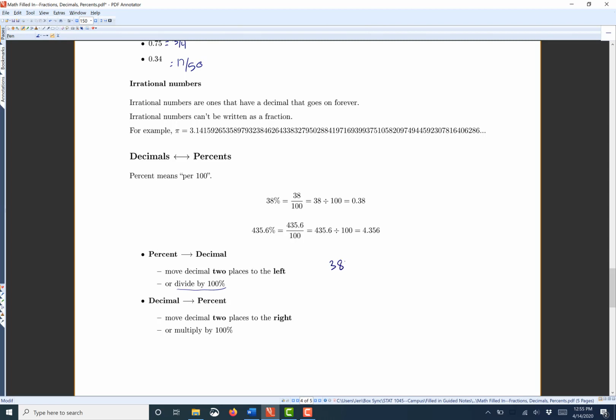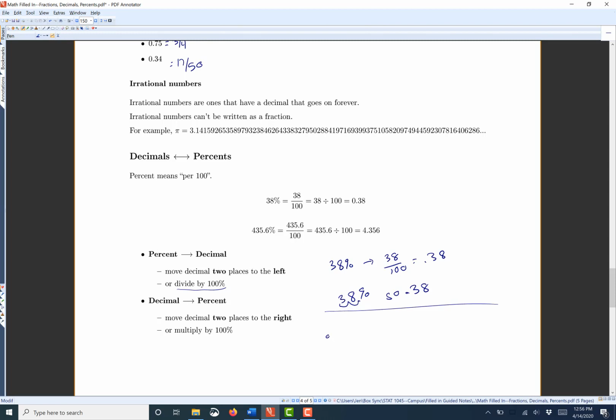So if we have 38%, that means just do 38 out of 100, and your calculator will give you 0.38. Or you could say, well, here's my decimal right here, and I move it 2 places to the left, so 0.38. So that's how you can change it that way. If you want a decimal to a percent, you move the decimal 2 places to the right, or multiply by 100%.